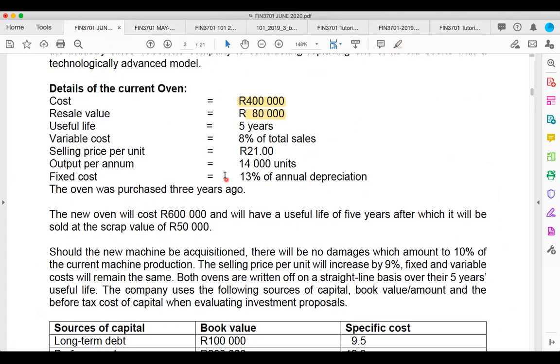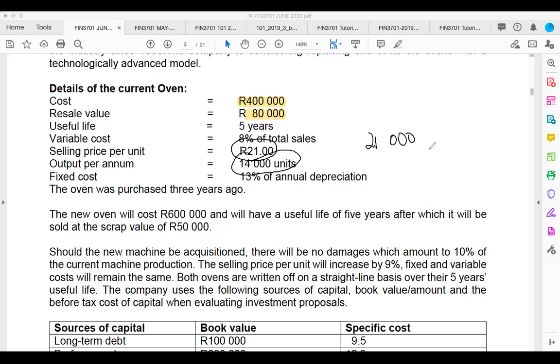With the current machine, I just want to show you where some of these calculations are coming from to avoid confusion. For the current machine, we were told that the selling price is 21 Rand and the output is 14,000 units.